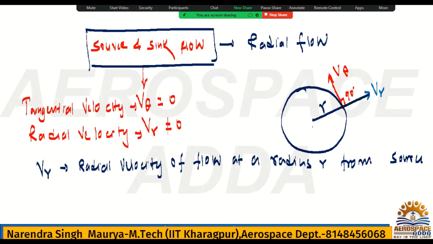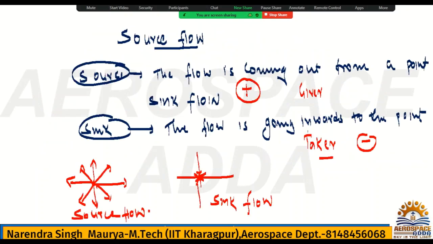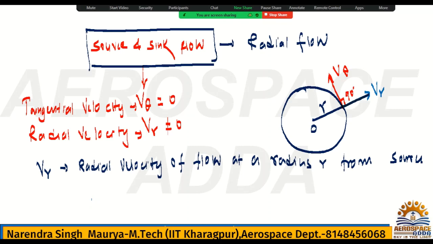Where is the source? This is the supposed source. This is actually a circle, but where is the source? Source is here, O point. Here also you can consider this is O. That is VR.